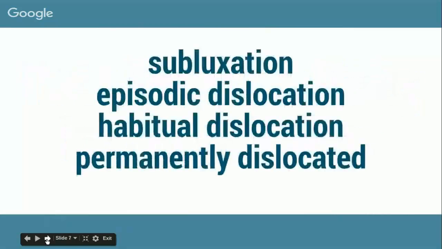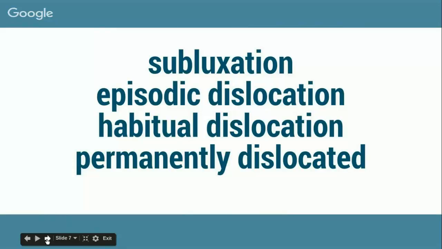It means it doesn't go out. It just feels like it's going to get out, and the patient has a feeling of uncertainty. It's uncomfortable, and then at the other end of the spectrum, it's permanently dislocated. It never comes back. Gosh, okay, that must be awful.